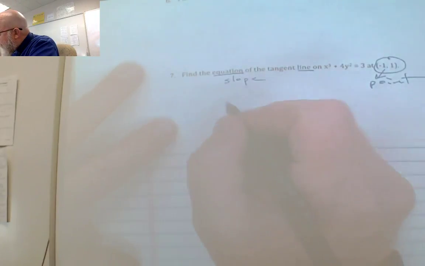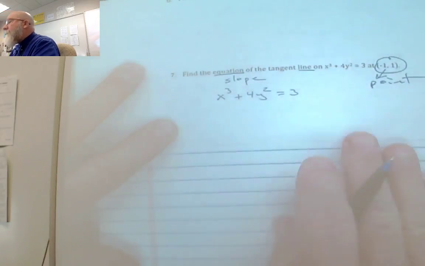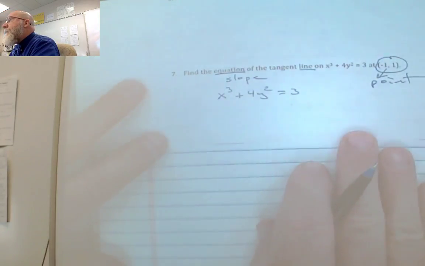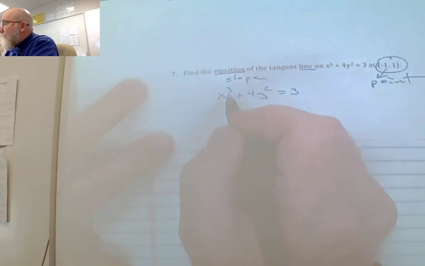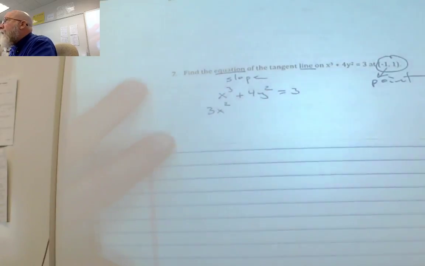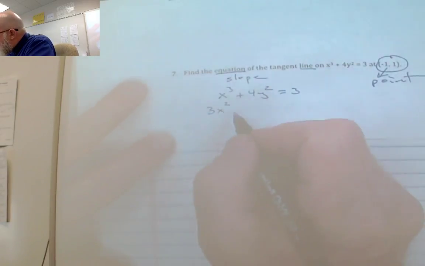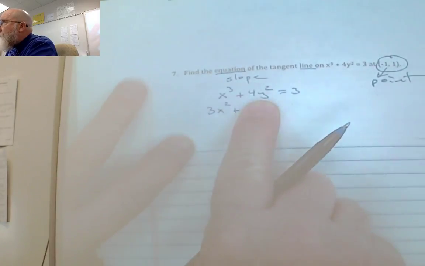So here I am, x cubed plus 4y squared equals 3. What's the derivative of x cubed? 3x squared. Right, and you could say dx over dx. Well, it's kind of a pointless thing to do, right? Plus, here's the hard one. What's the derivative of this?